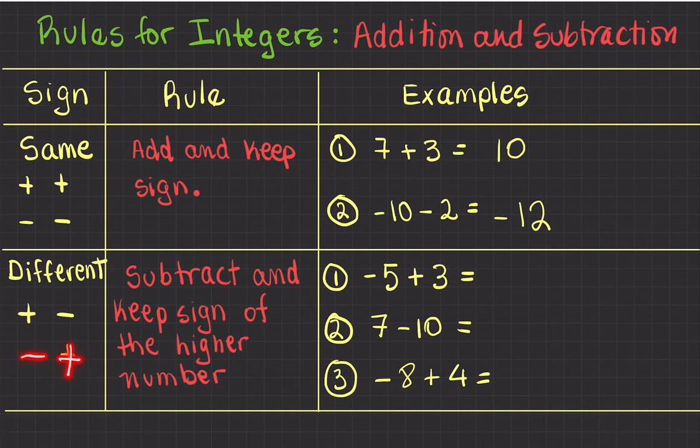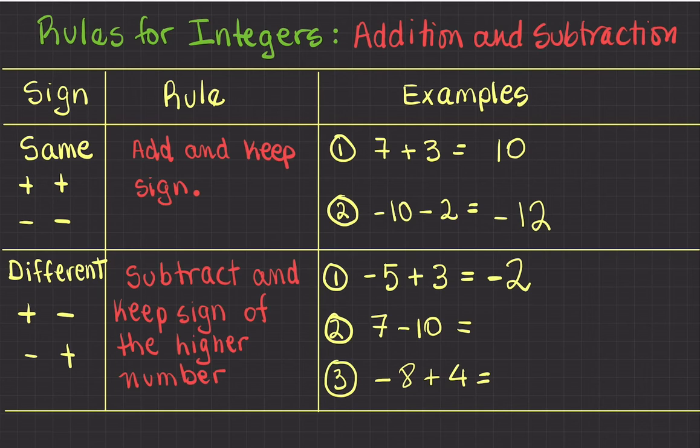So, different signs, you're going to subtract. So, the difference between 5 and 3 is 2. And you're going to keep the sign of the higher number, which is this one, right? So the answer would be negative 2.